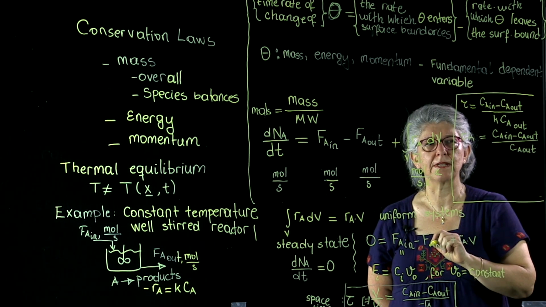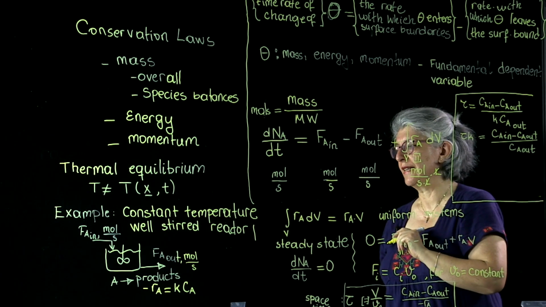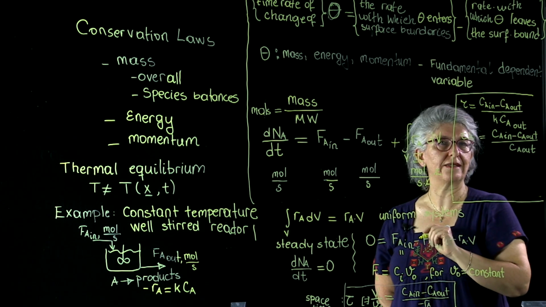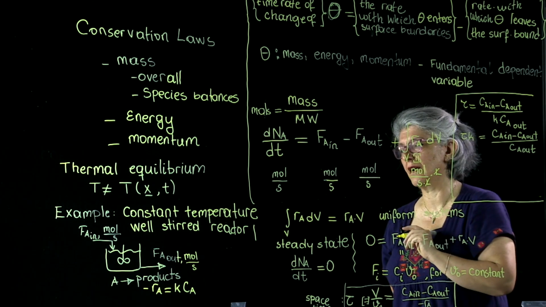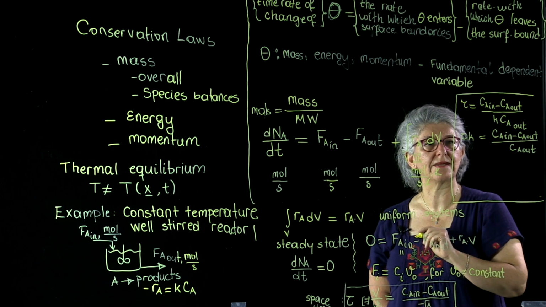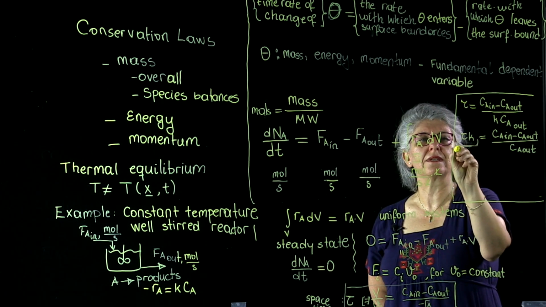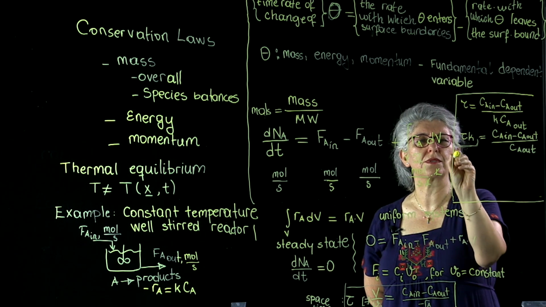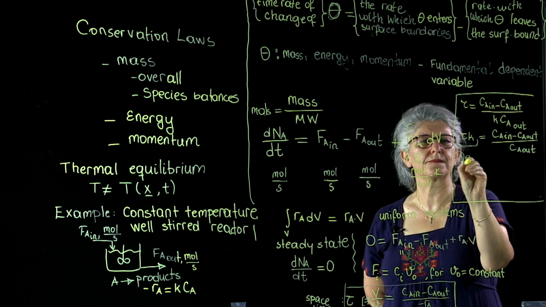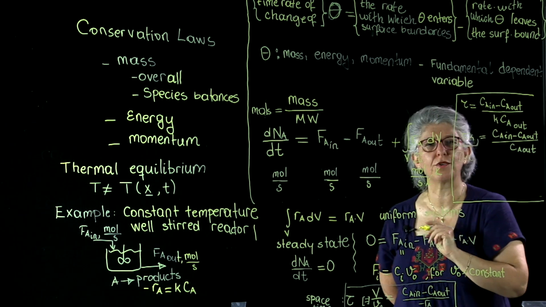Okay. The unit of K is 1 over seconds. The unit of tau is seconds. And tau K is a dimensionless number, which we call the Damköhler number. We will learn more about this.